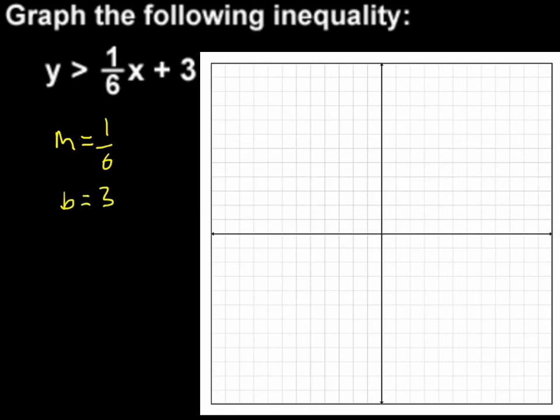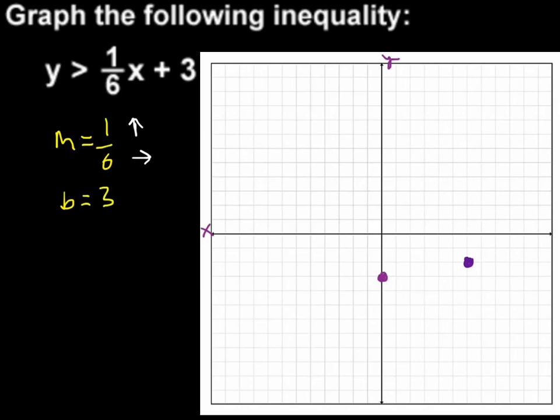So let's go plot that, starting at B. So 1, 2, 3 on the y-axis. This is my y, this is my x. Okay, and now slope tells top numbers up and down and bottom numbers left and right. So I'm going to go up 1 and over 6. So there are my 2 points.